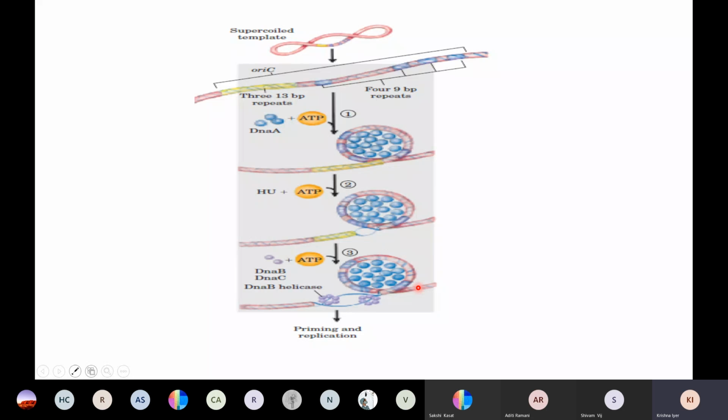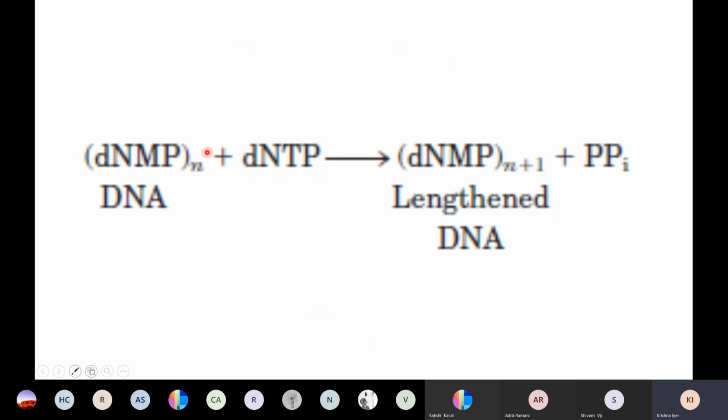But what exactly happens at this point to the DNA primer, or a little later to the DNA, which is, let us say, composed of N nucleotides? Deoxynucleotide triphosphates are added systematically, one at a time, in the 5' to 3' direction. And this is done by DNA polymerase.